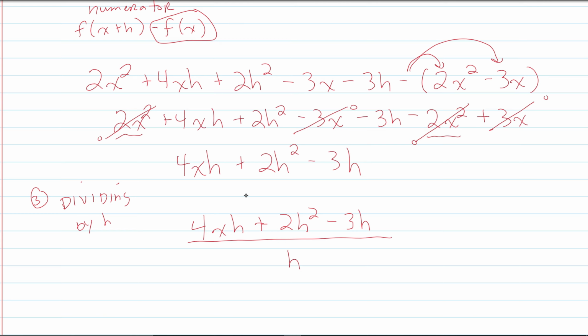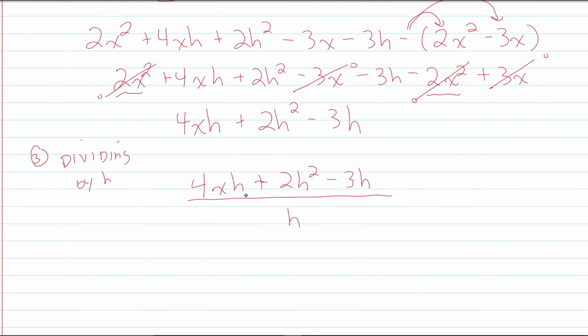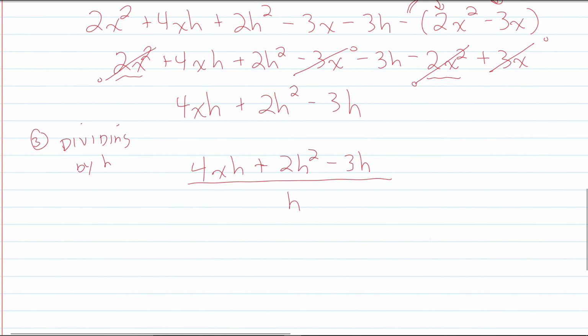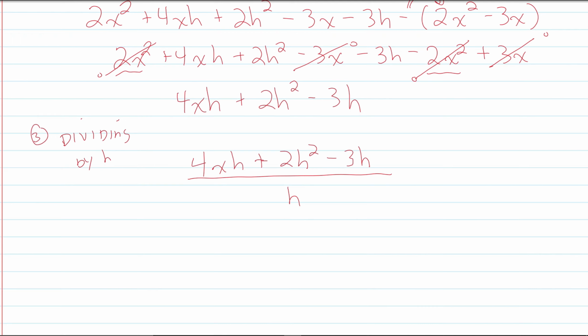So it looks like we'll be able to divide each term by this h. An easier way may be for us to go ahead and factor out an h in the numerator, right? Because 4xh has an h, 2h squared has an h, and 3h has an h. They don't have any numbers in common, so h will be my GCF.